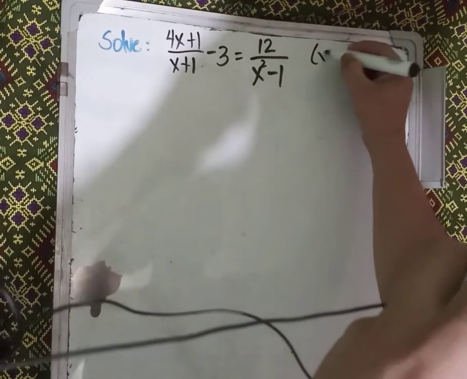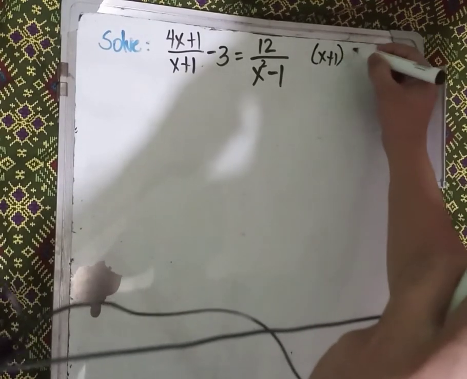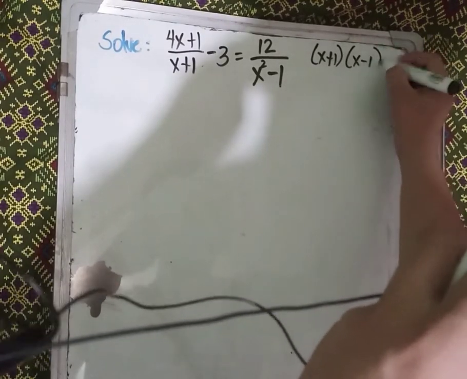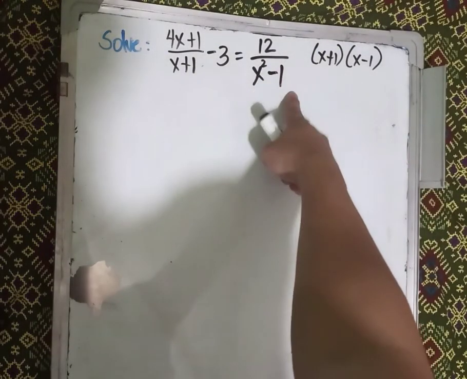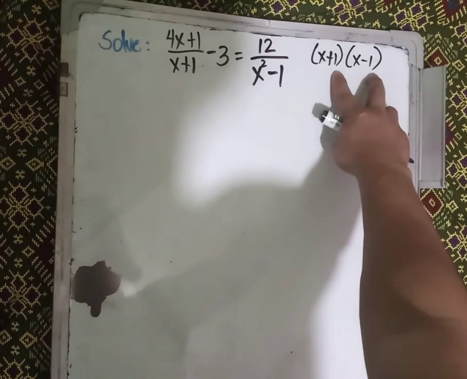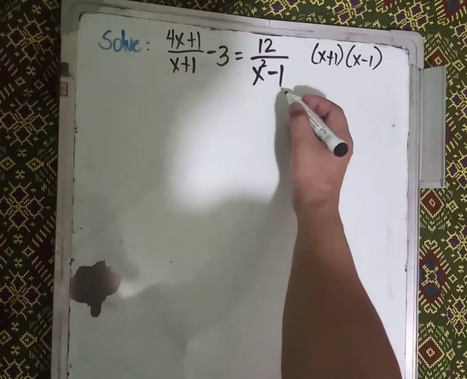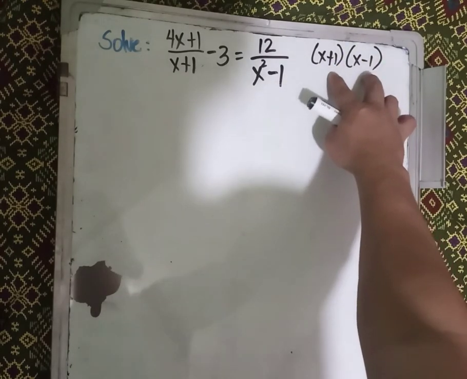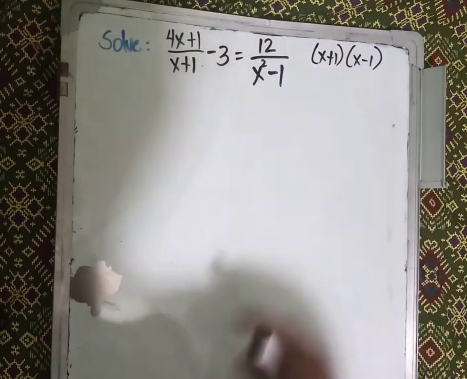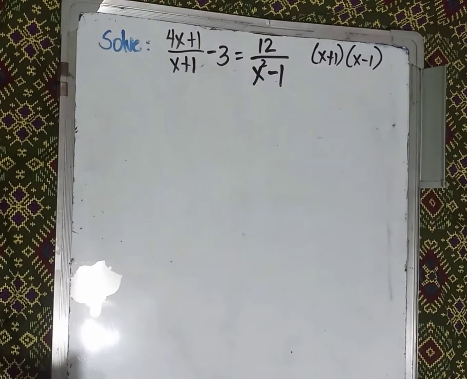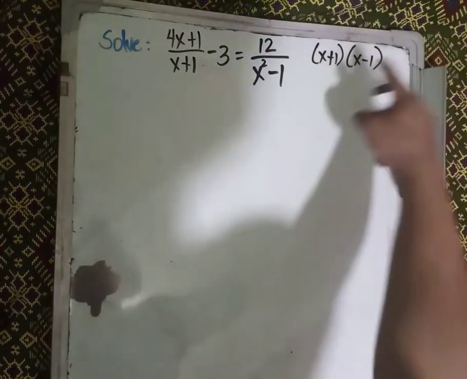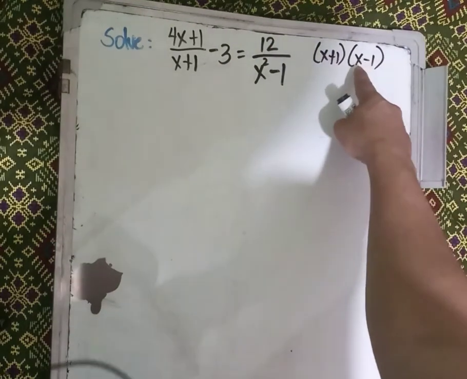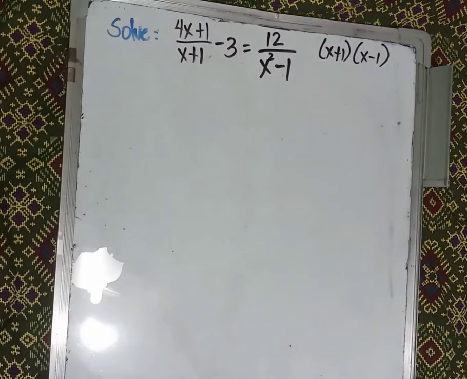That is x plus 1 and x minus 1. Kasi if you multiply negative 1 and positive 1, the result is negative 1. Then if you add the two numbers, 1 minus 1, that is 0. So the factor of x squared minus 1 is x plus 1 times x minus 1.